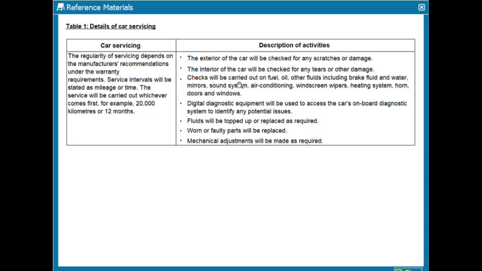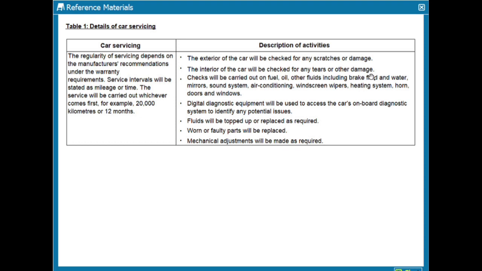The description of activities. Remember we have learned about what activities are relevant for ABC costing, and we need to see how these costs relate to the cost drivers and how they can be utilized in ABC costing. Okay. The exterior of the car will be checked for any scratches or damage. The interior of the car will be checked for any tears or damage.